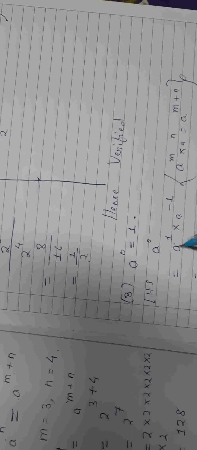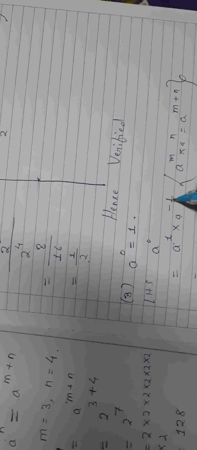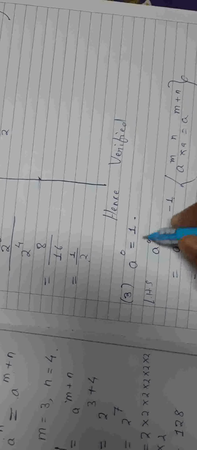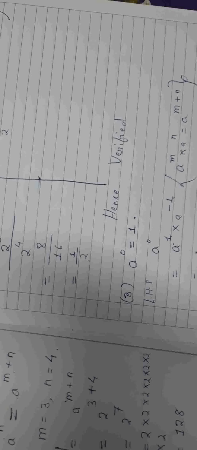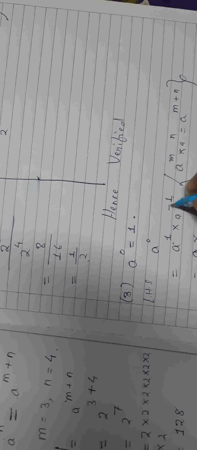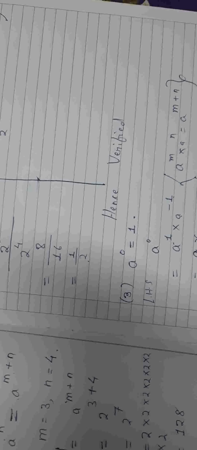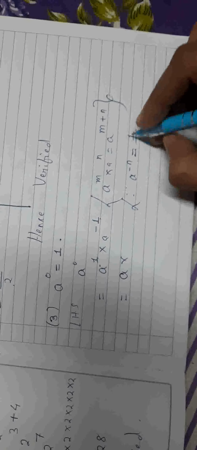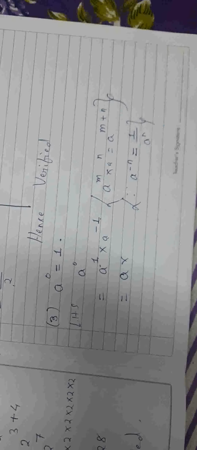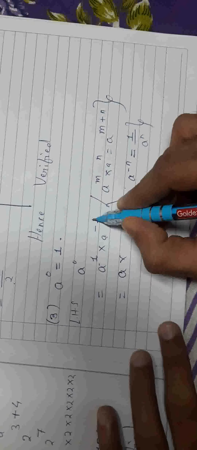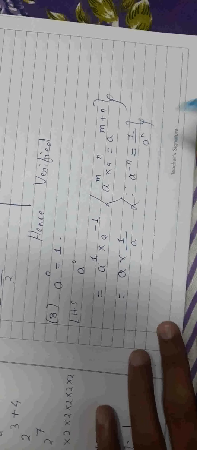So you can see, if I take a to the power 1 and then a to the power minus 1, the next step would be a to the power 1 plus minus 1, which is 1 minus 1, which is 0, a to the power 0. So my left hand side remains the same, so I can write this expression. Now a to the power 1 means a, and this becomes a to the power minus 1. Now, since a to the power minus n is equal to 1 by a to the power n, instead of a to the power minus 1, I can write 1 by a.